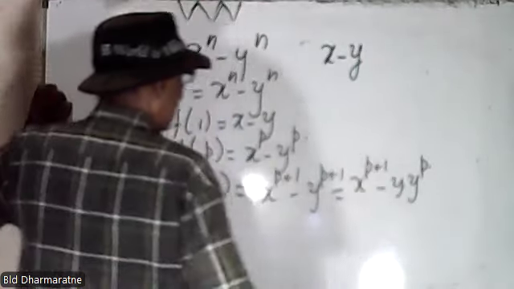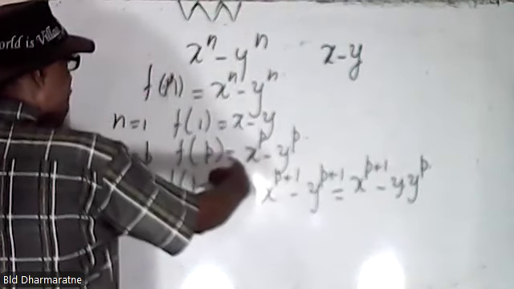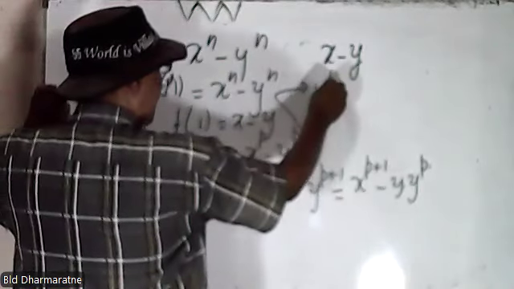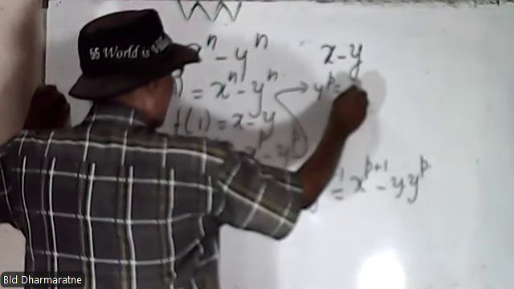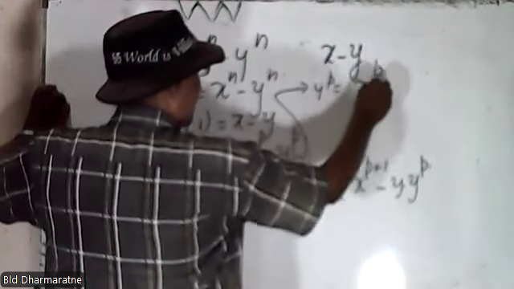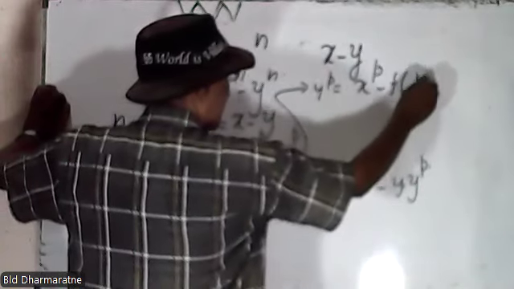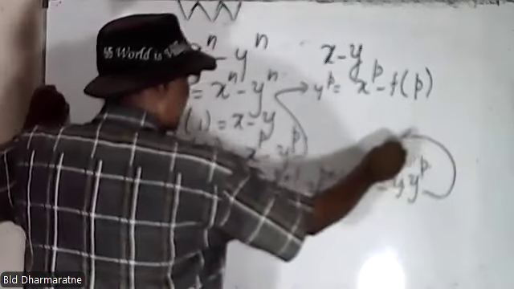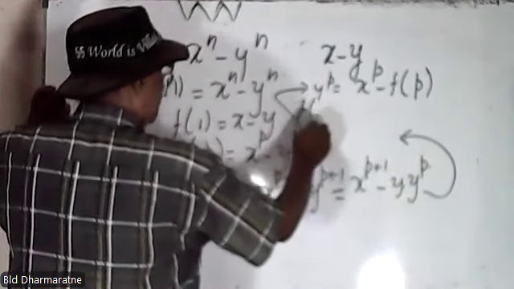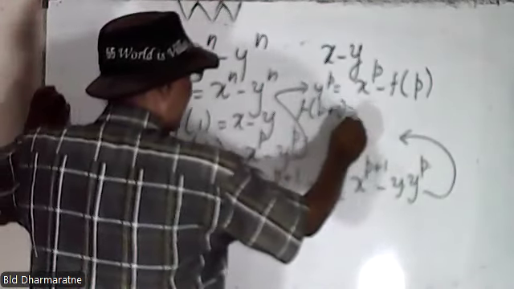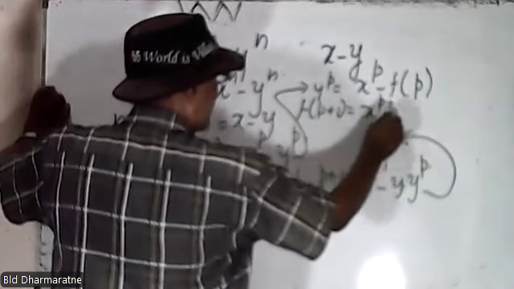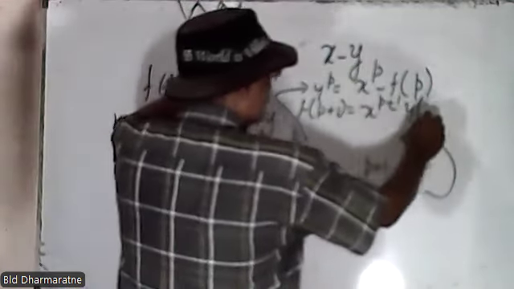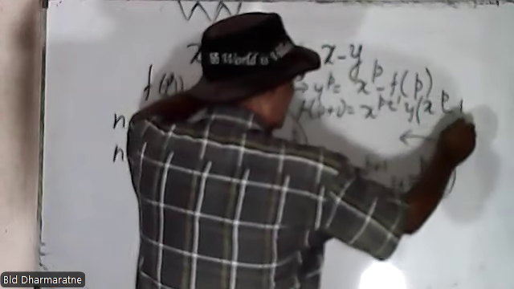From here, y^p equals x^p minus Fp. Substitute this: Fp plus 1 equals x^(p+1) minus y times (x^p minus Fp).